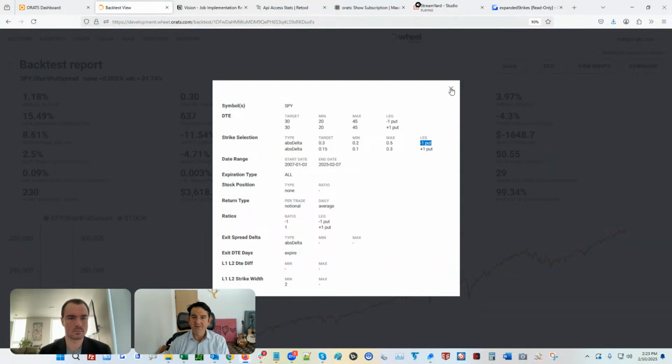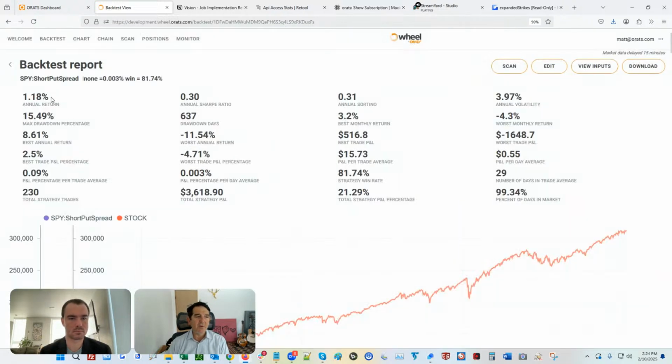And this is just the standard, no exits, no anything here. And that returns 1.18. But then again, it's in the market all the time, basically. And what we see is a P&L per day of 0.003. That's pretty standard.